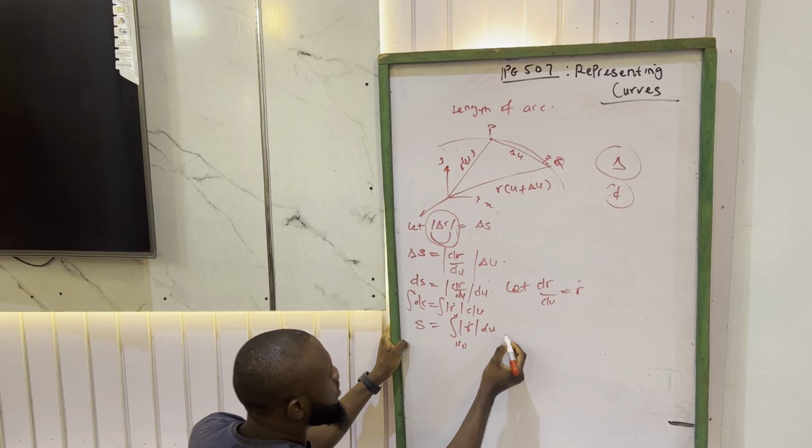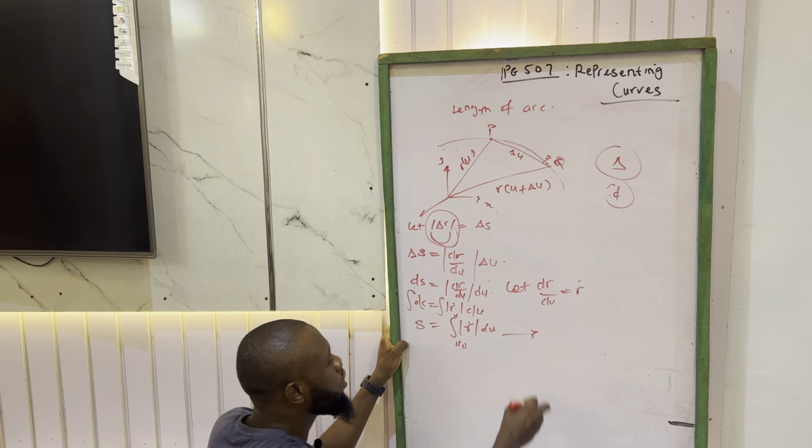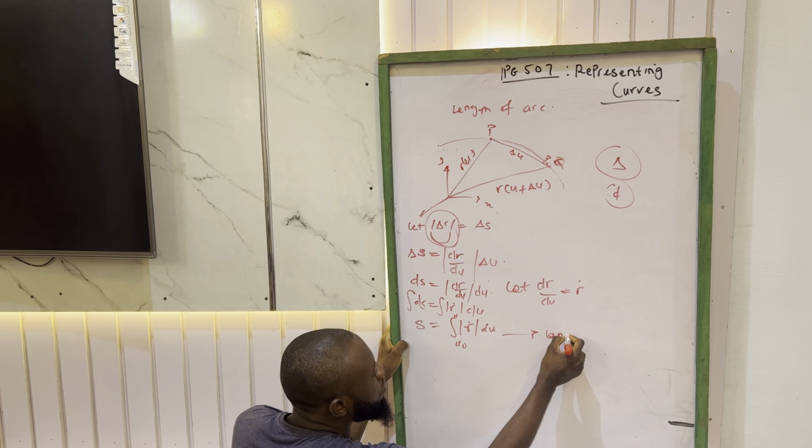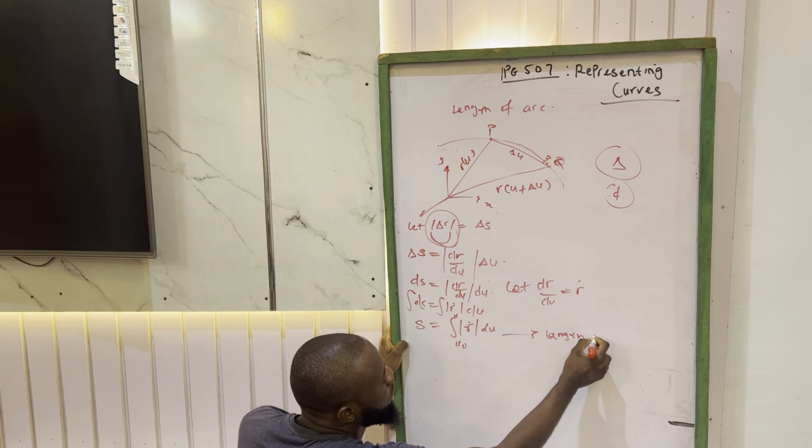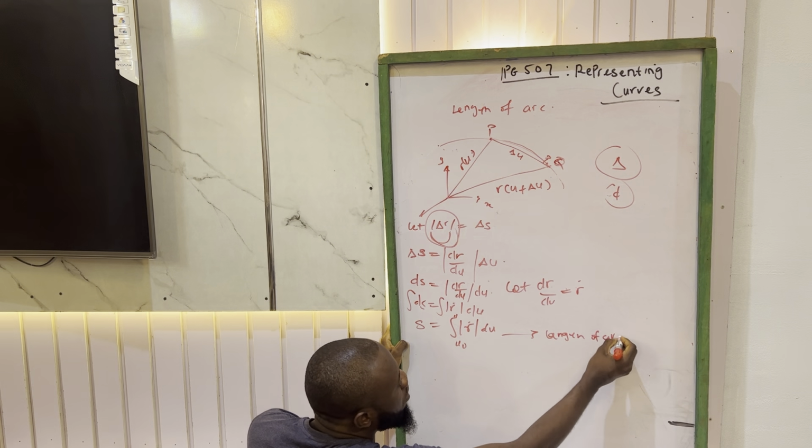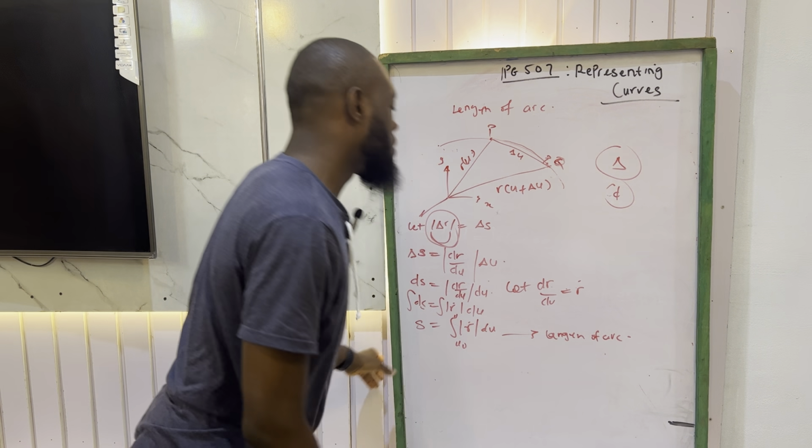So this is one of the properties of a curve. This is the length of arc property of a curve.